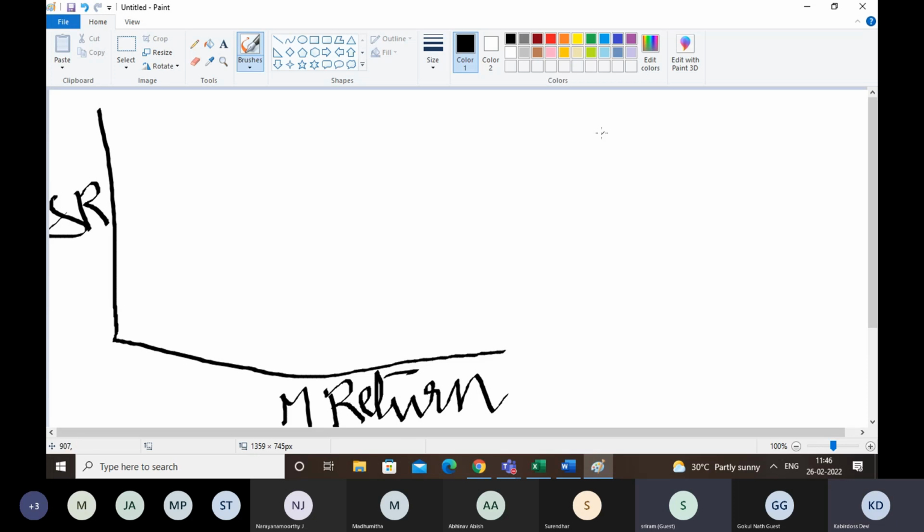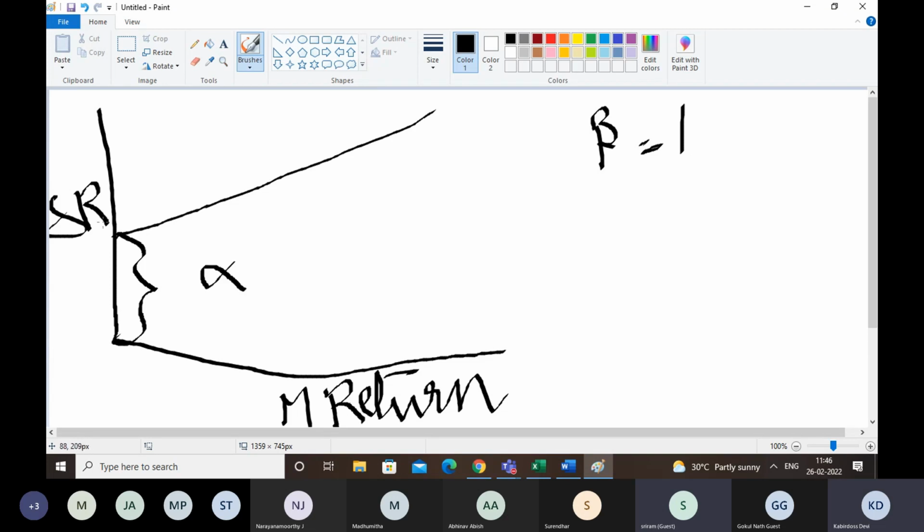If I say where the beta is equal to 1, this is the line. Here this intercepting point is called alpha, and here the beta is 1.